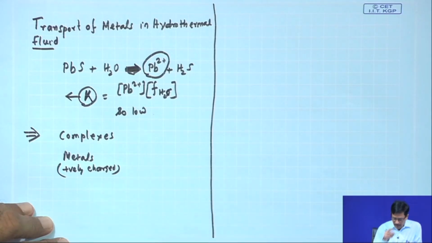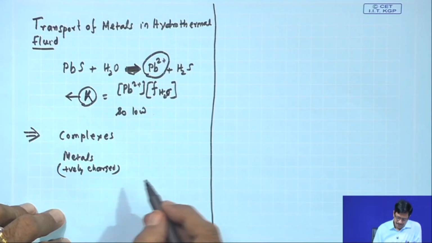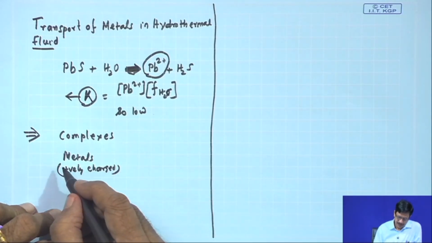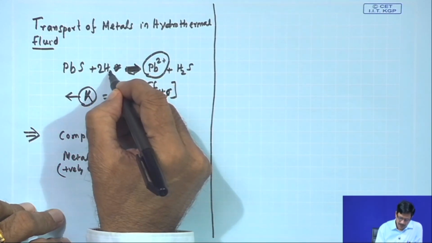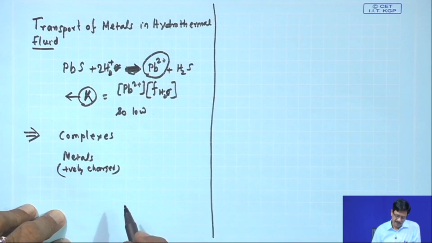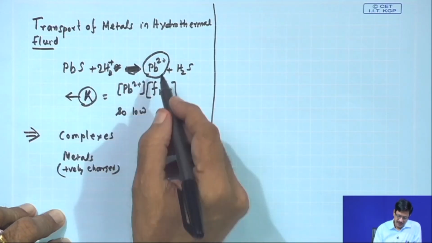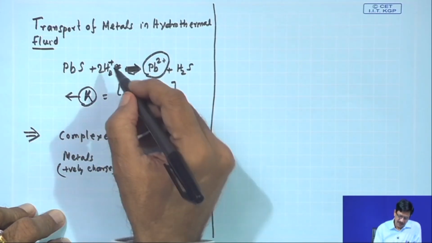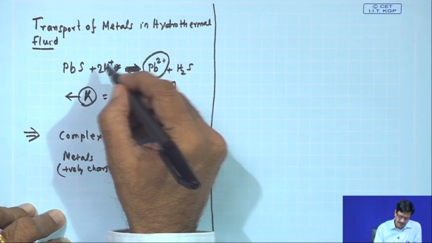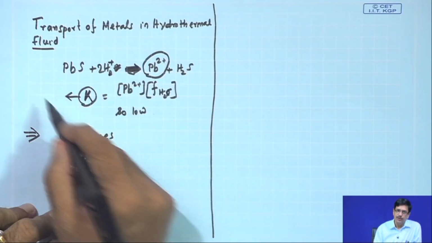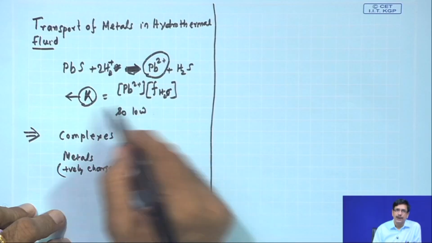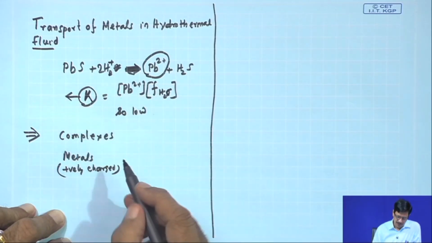Here we can always make it a 2H+ kind of situation, which would indicate that it is happening in a low pH or acidic condition, which explains the solubility of the metals in a low pH or acidic solution.